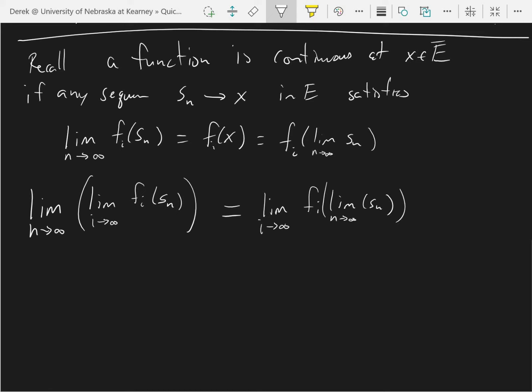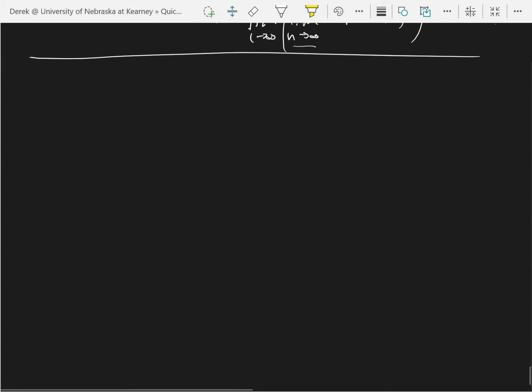So I can rewrite that as the limit as i goes to infinity, the limit as n goes to infinity of f sub i of s sub n. So which do I take first? Do I take the n's going to infinity first, or the i's going to infinity first? And we're going to see with uniform convergence on functions, it doesn't matter which you take first. And so if you have a sequence of continuous functions that converges uniformly, their limit will also be continuous. Okay, so the theorem.